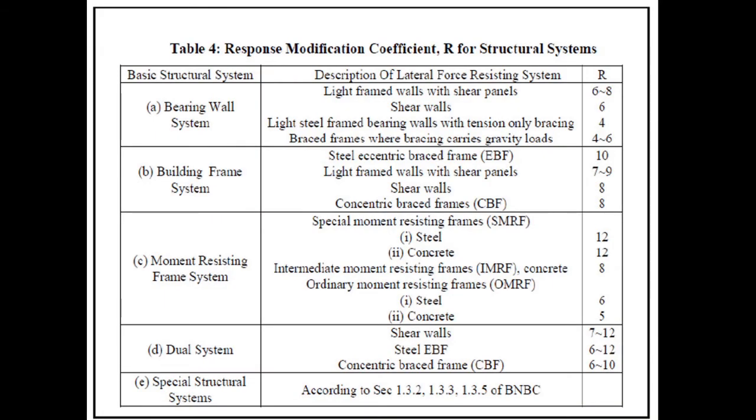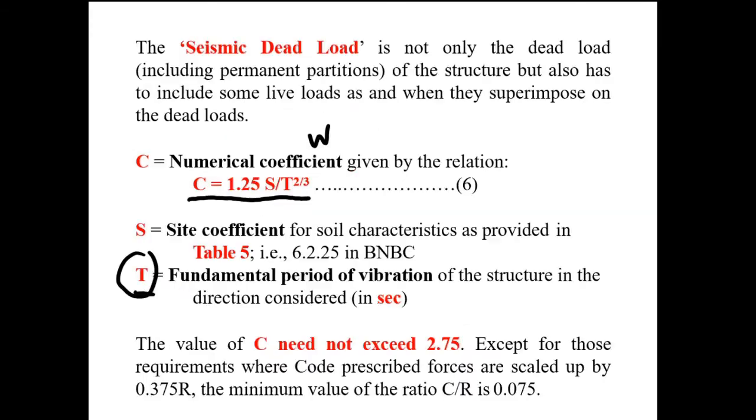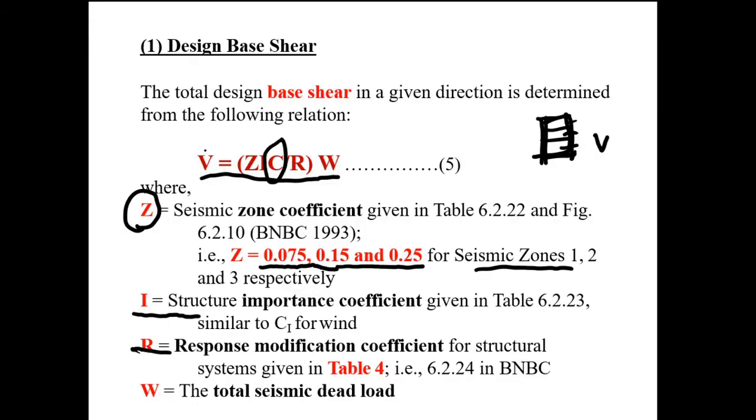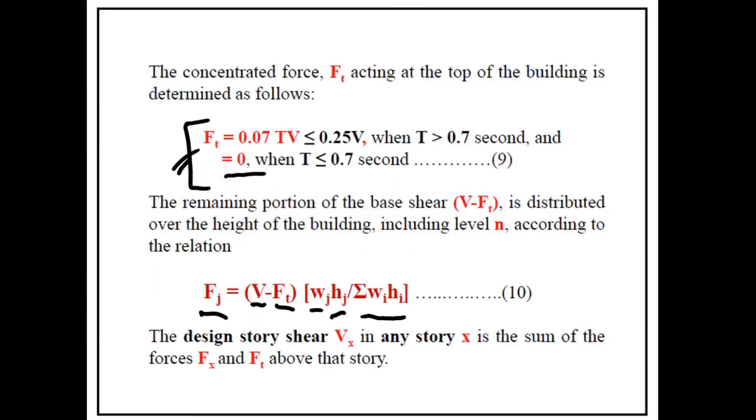So here we have the table for the value of R. We know that in order to calculate the value of base shear, V is equal to ZIC by R into W, so we need to know the value of R as well.